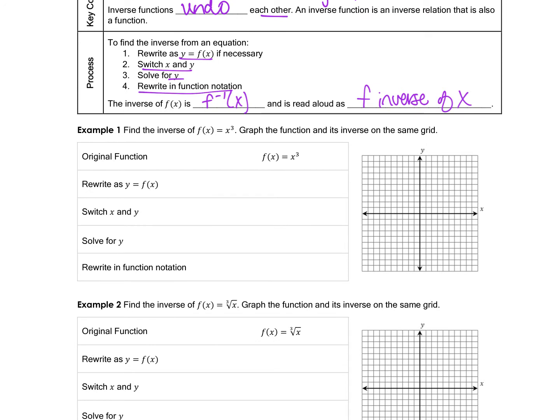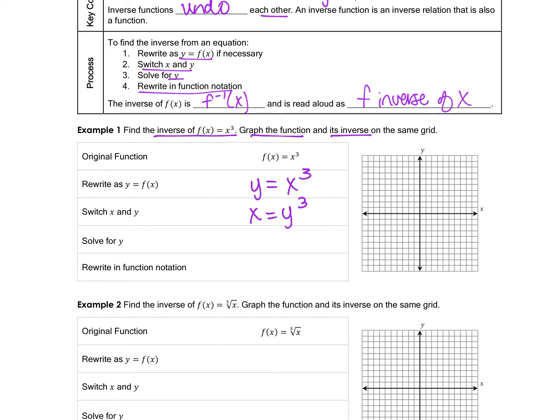Okay, so example 1, we're going to find the inverse of f of x equals x cubed. Notice that is the cubic parent function. We're going to graph the function and its inverse on the same graph. First, I'm going to write f of x as y. Then we're going to switch our x and y.